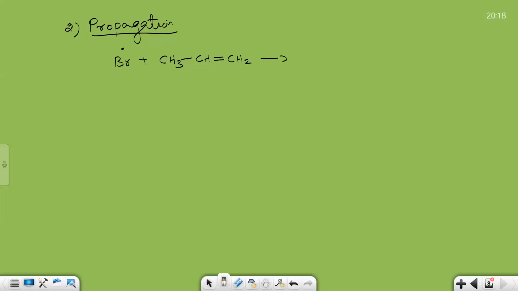Here, this bromine free radical can either attack on the second carbon or on the first carbon. If it attacks on the second carbon, the intermediate formed will be CH3, CHBr, CH2 free radical.